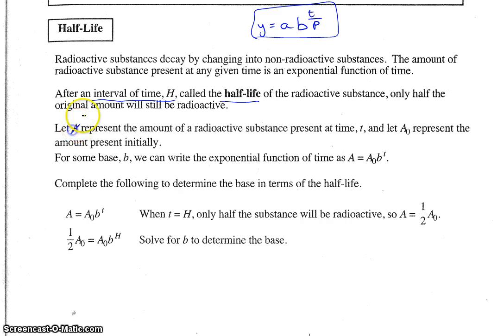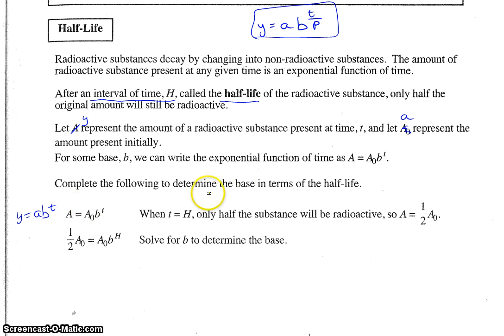Let y represent the amount of the radioactive substance present at time t, and let lowercase a represent the amount present initially. For some base b, we're going to write the function as y equals a b to the t.